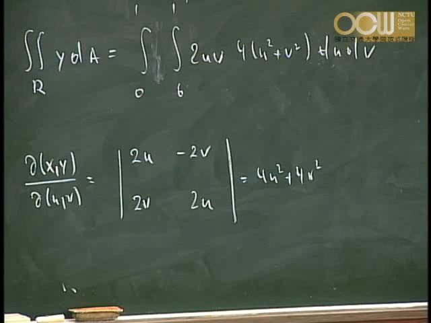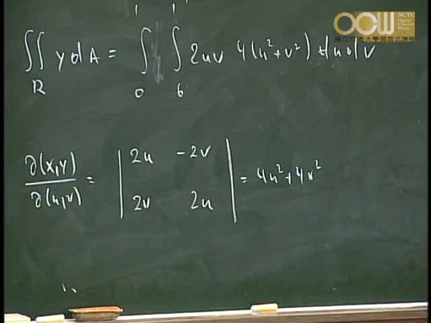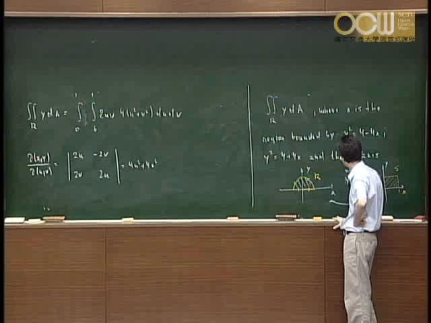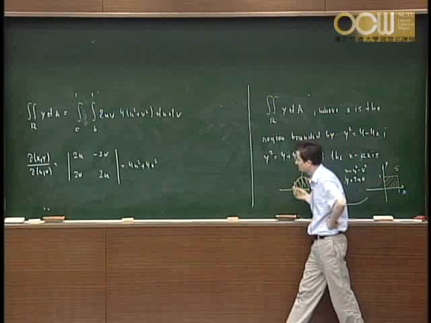I should stress once more that in this example you do not need the substitution. But you see, one possible reason for introducing a substitution is to make the region easier, like in this example. It's not so easy to figure out which transformation really makes R easier, and for this example it would not be easy to come up with this transformation.